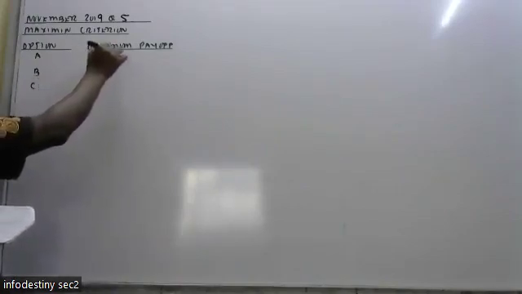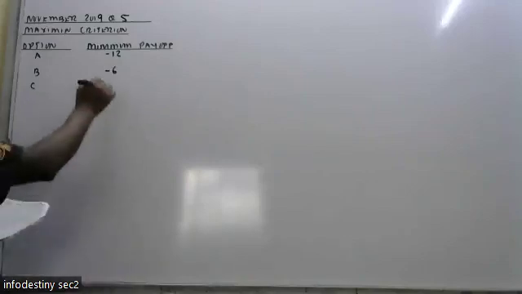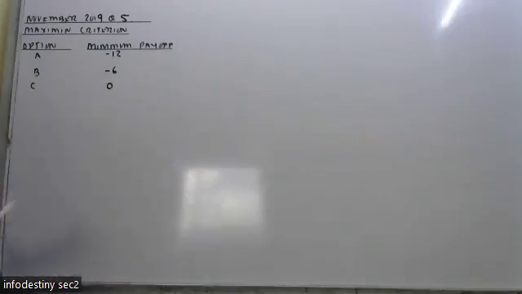When you run across A, the minimum is -12. When you run across B, the minimum is -6. And C, the minimum is 0. So this is interpreted as: select the maximum of the minimums. So the maximum of the minimums is this one.